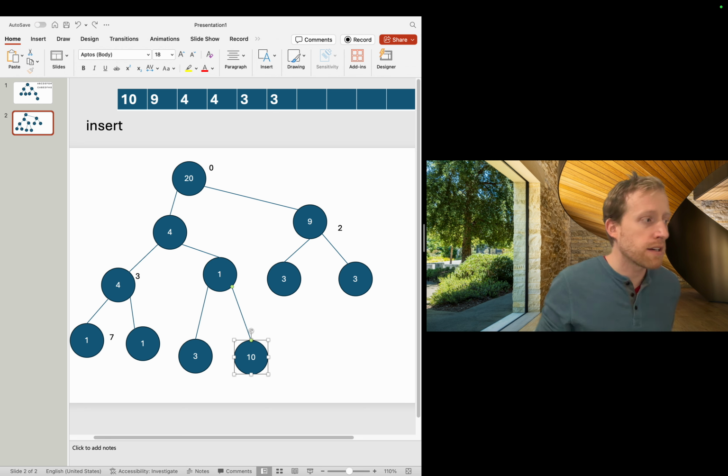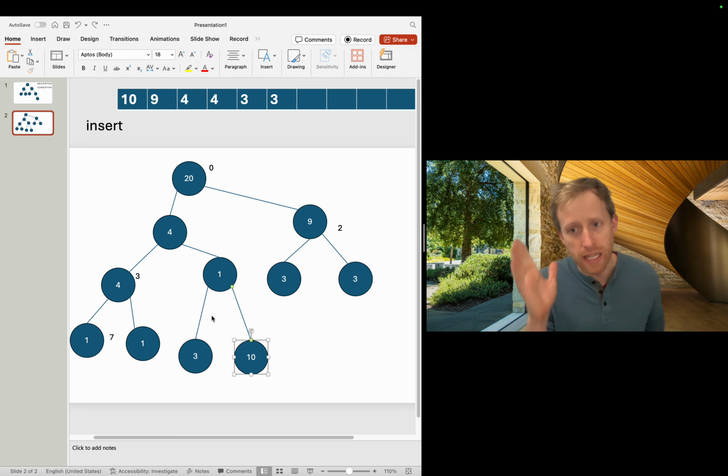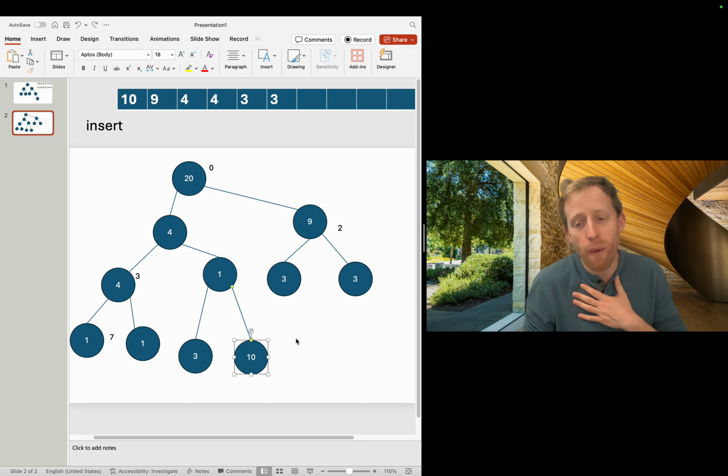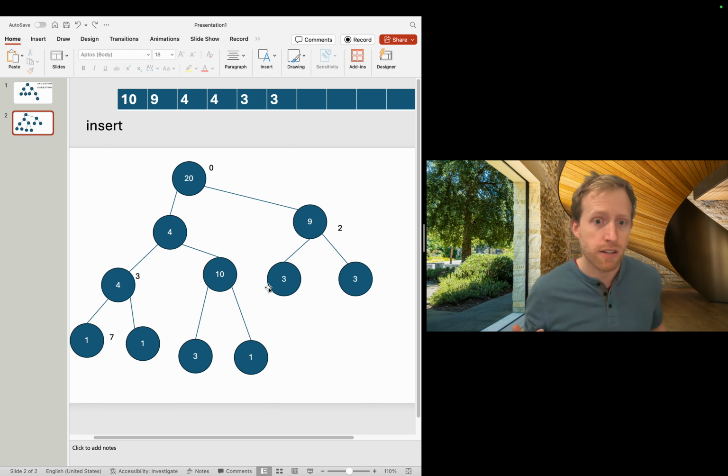So there are ways that you can handle this. It has to go to the left child position. Exactly right. How I would think about this, let me put this back how it was. You bubble down to the max side.